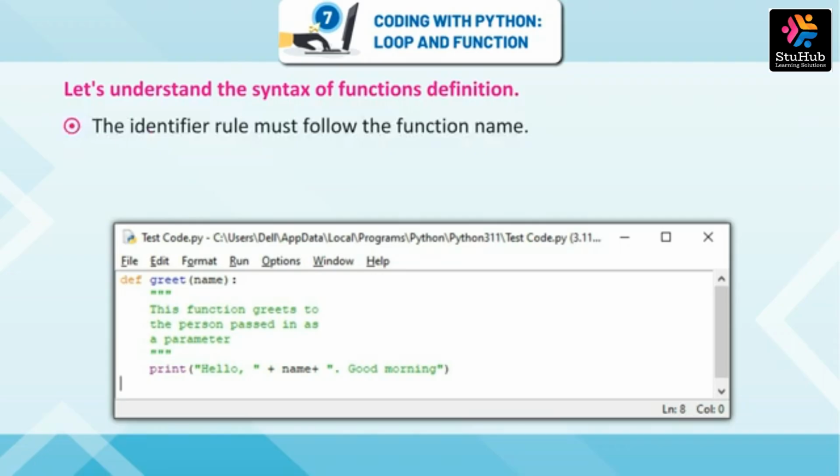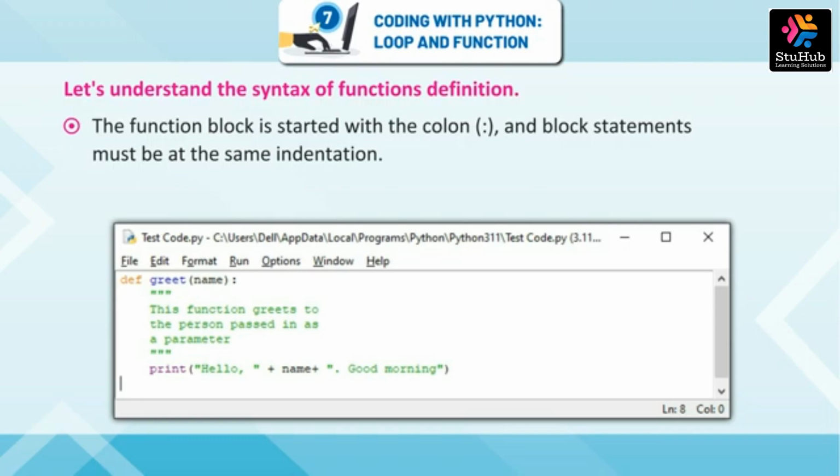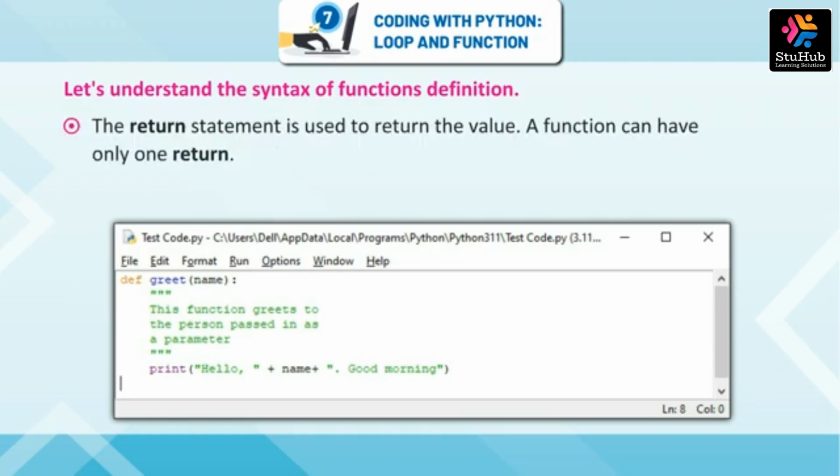The identifier rule must be followed by the function name. A function accepts parameters, and they can be optional. The function block is started with a colon and block statements must be at the same indentation. The return statement is used to return the value. A function can have only one return.